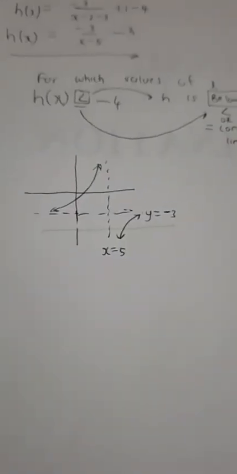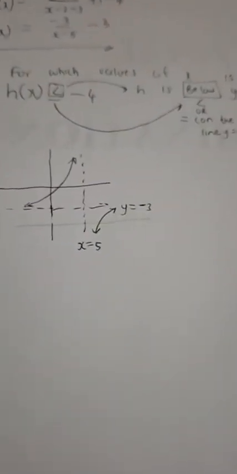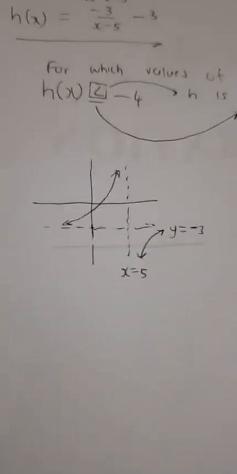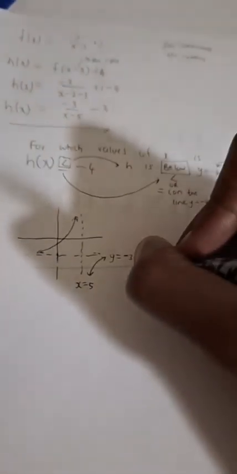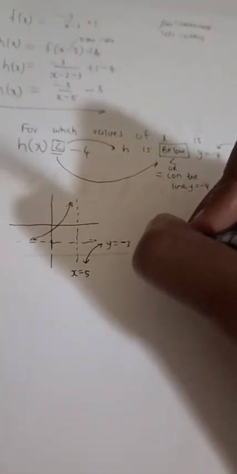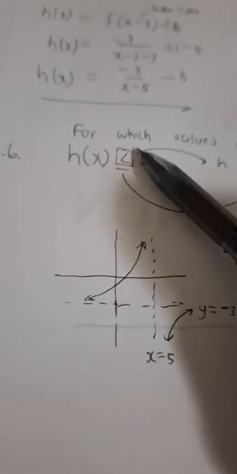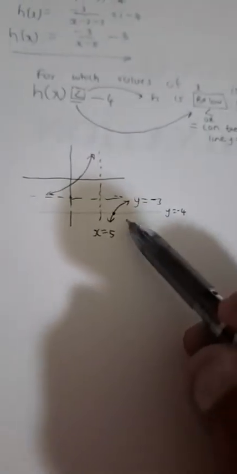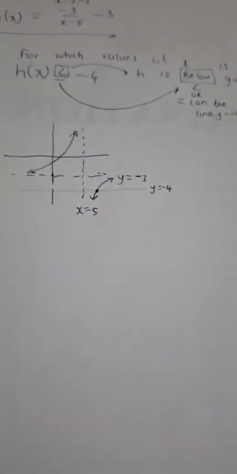Because when we are looking at the question that we are being asked, this would be the line y is equal to -4, because remember they said for which values of x is h of x less than. So we are looking at the line y is equal to -4, and we are looking at where the function is below this line. What x values show the function being below this line, but also on this line, right?